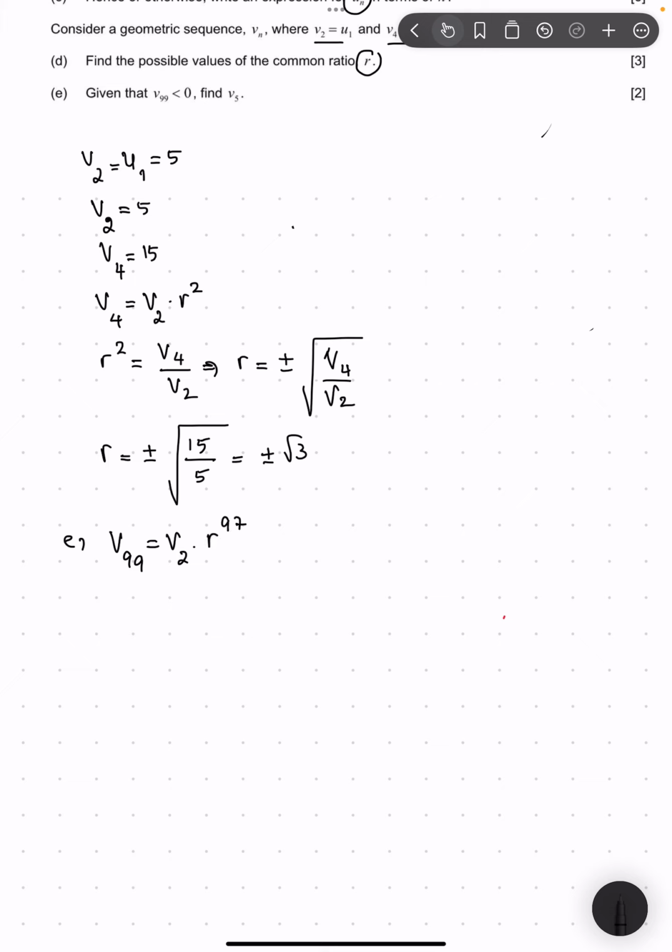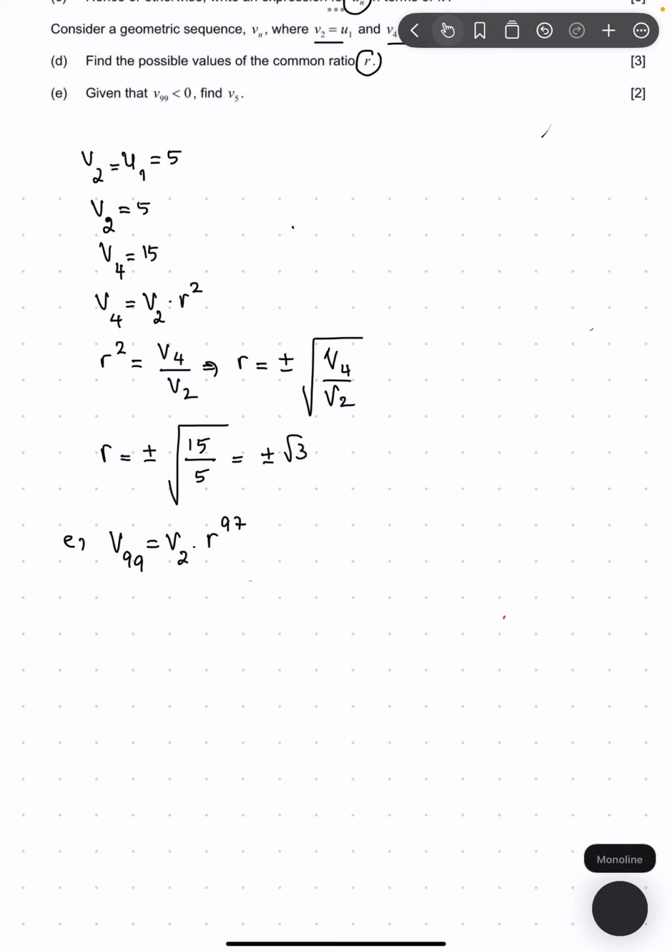Then V99 is less than 0 if r equals negative root 3. Because r to the power of an odd number is less than 0 if r is less than 0.